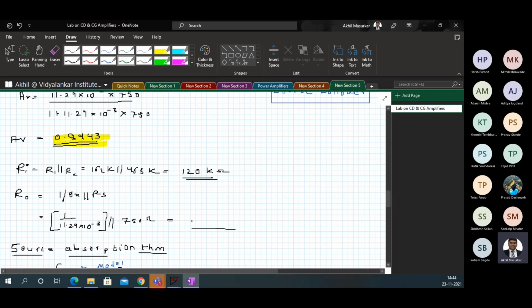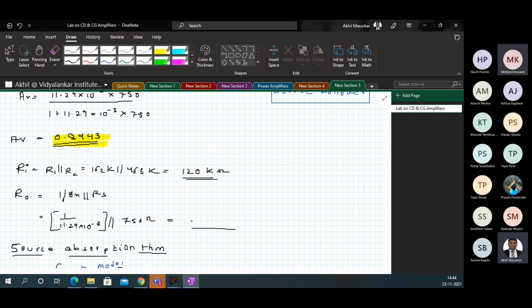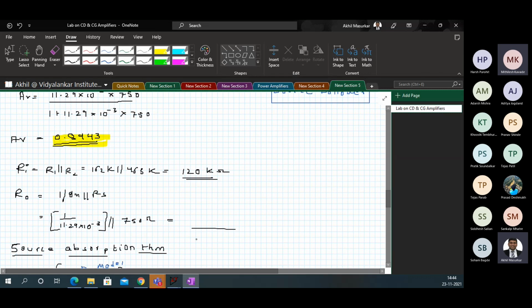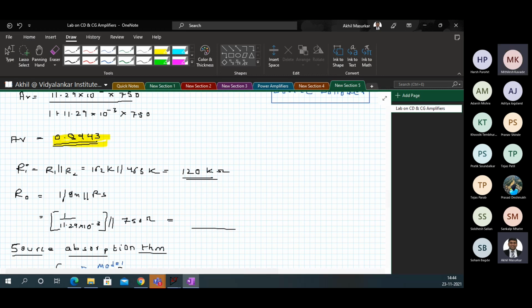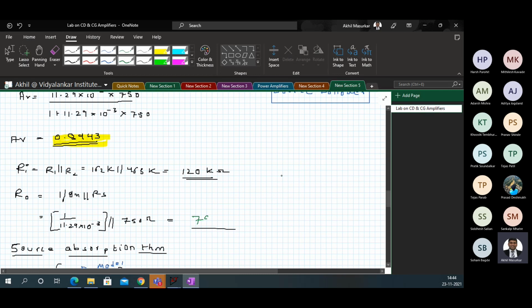I want to know the calculated value. 79.21. So it is close, na? It is close to our value.